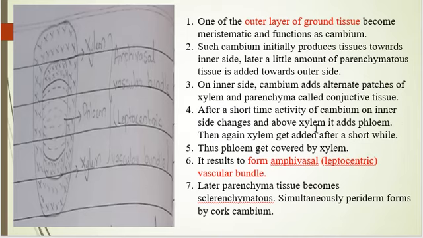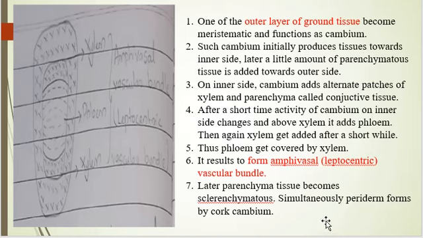After a short time of activity, the cambium on the inner side changes, and above the xylem it adds phloem. Then again xylem is added after a short while. Thus phloem gets surrounded by xylem. It results in forming amphivasal or leptocentric vascular bundles, which are shown in this figure.